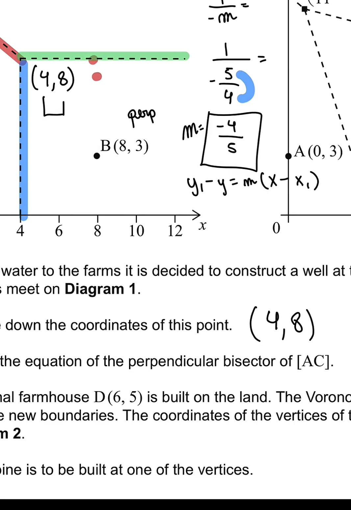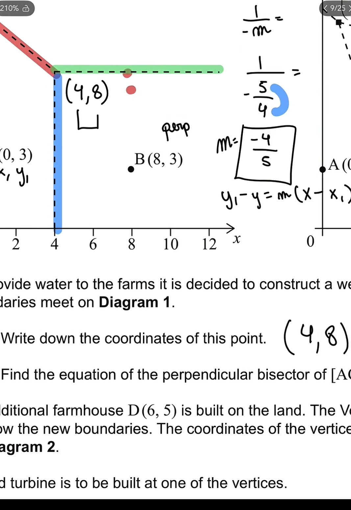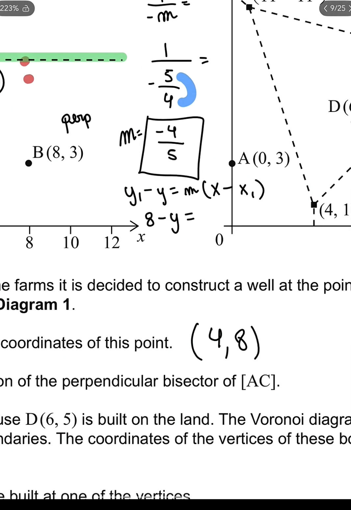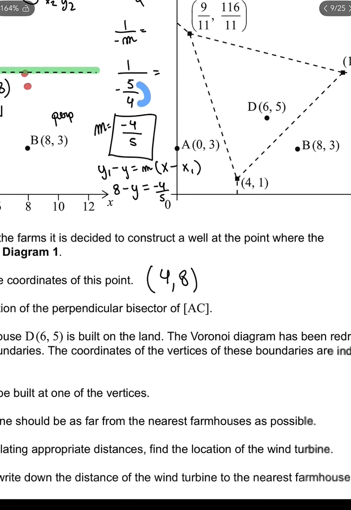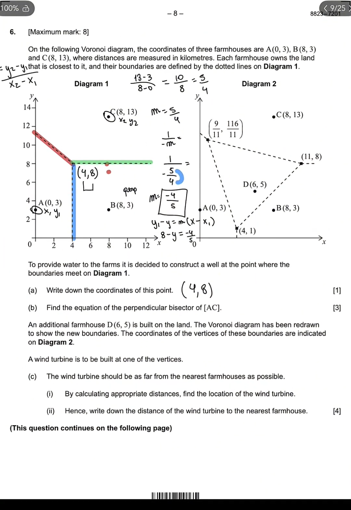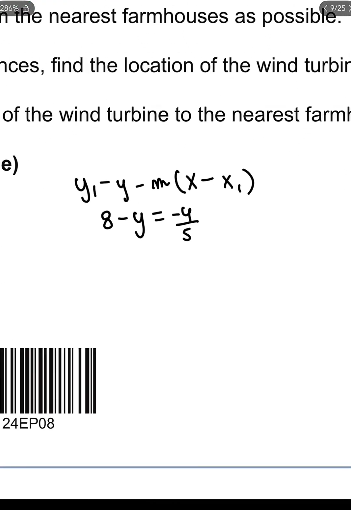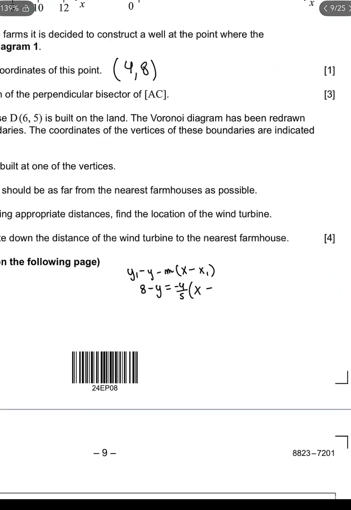Now, I will just say y1 is my 8, so y minus 8. My m is negative 4 over 5, and I have my x, and my x1 is 4.